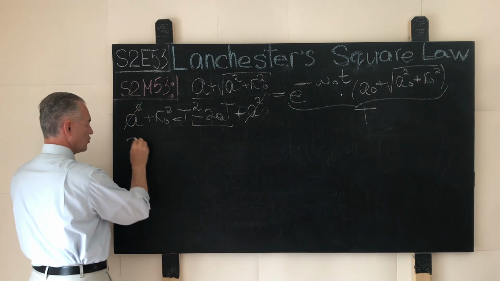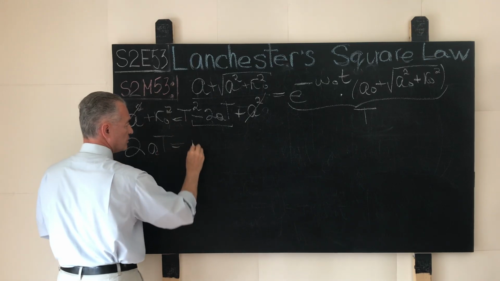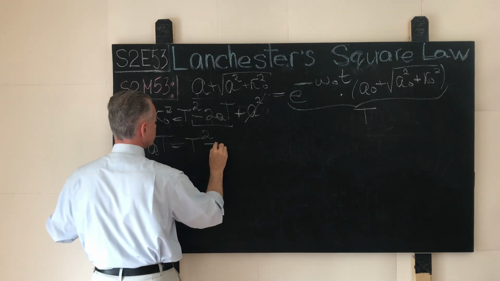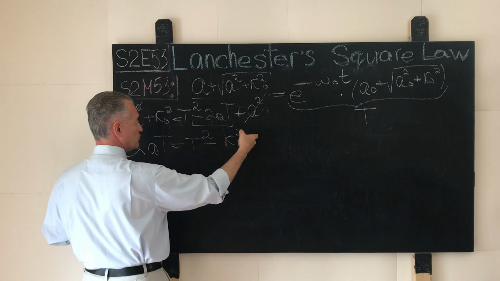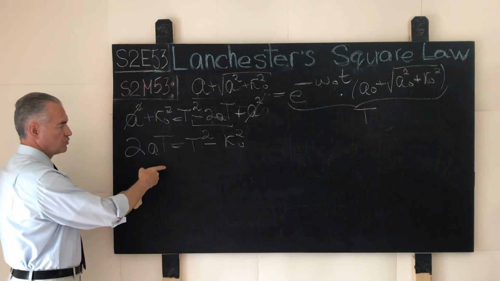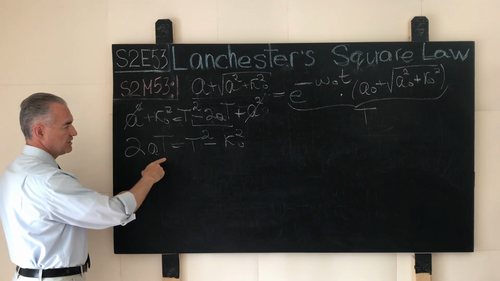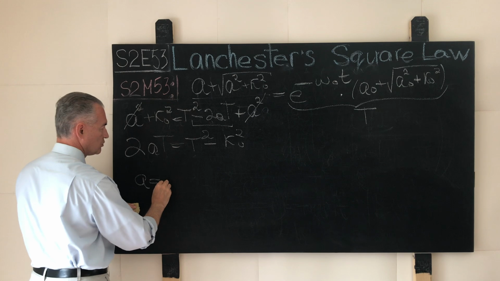What survives? Only these guys. So 2aT is equal to what? T squared minus k0 squared. Move this guy to the other side. What do we do now? Divide everything by 2T. What do we have? a is equal to what?